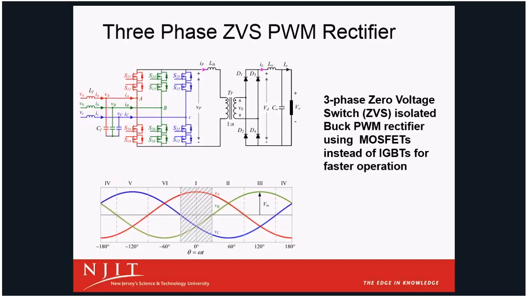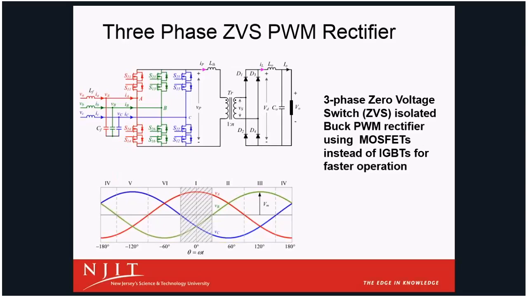As mentioned, the author has decided in this paper to analyze the three-phase buck type AC to DC rectifier matrix. In this case, they're using a zero voltage switching topology, and as opposed to IGBTs, they use MOSFETs for bidirectional switches.